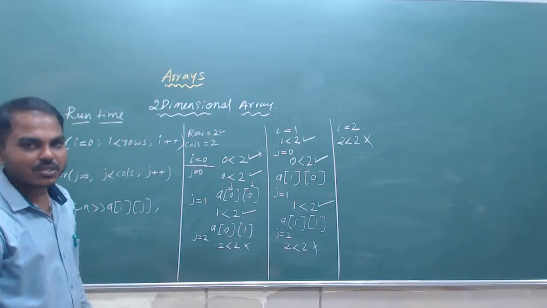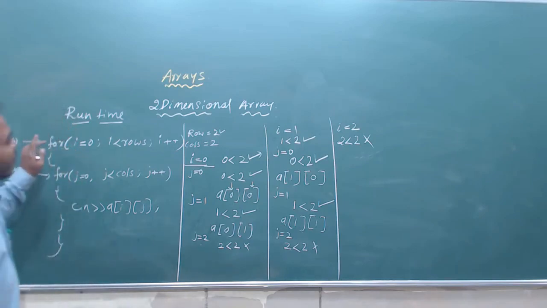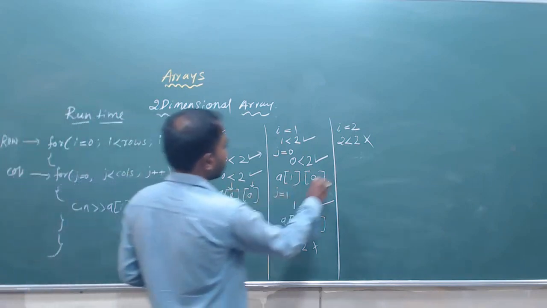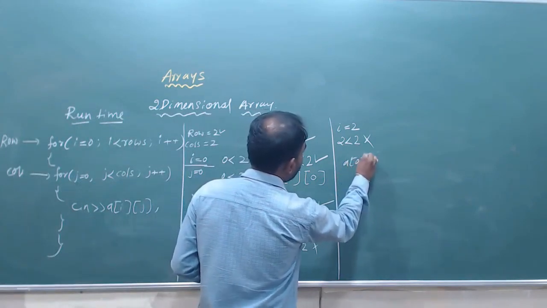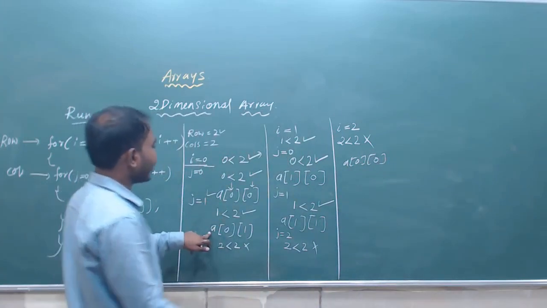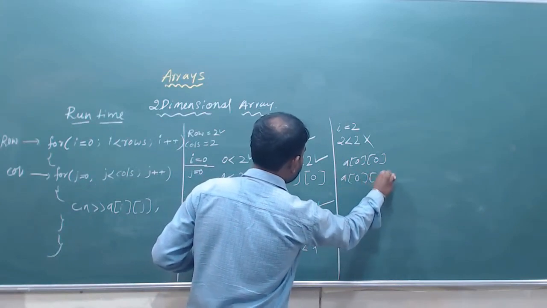Then it gets executed. So what are the elements we got when we take rows 2 and columns 2? The first element is a of 0, 0, right? The second one is a of 0, 1.